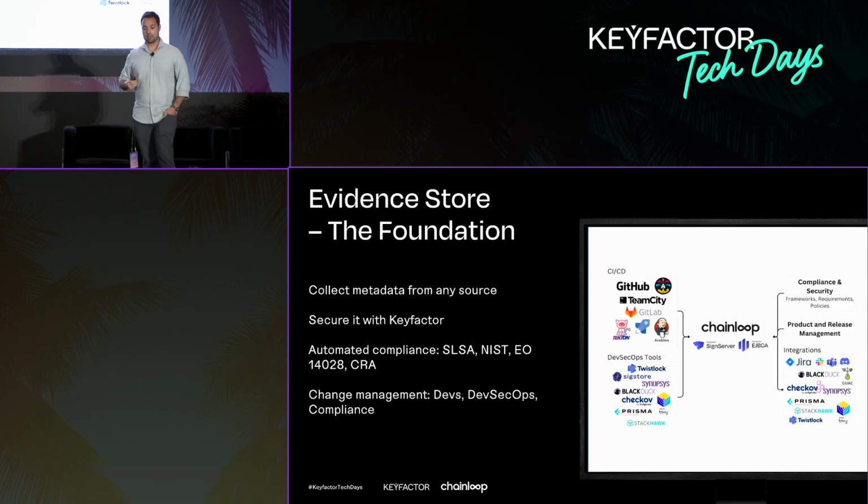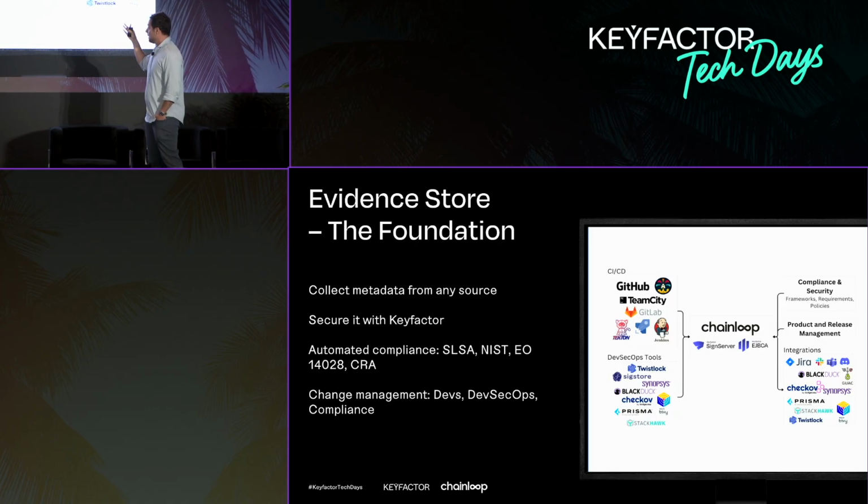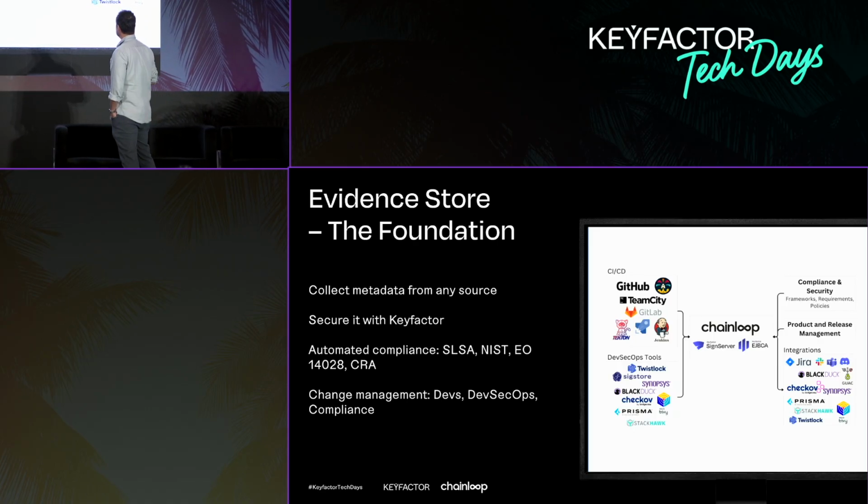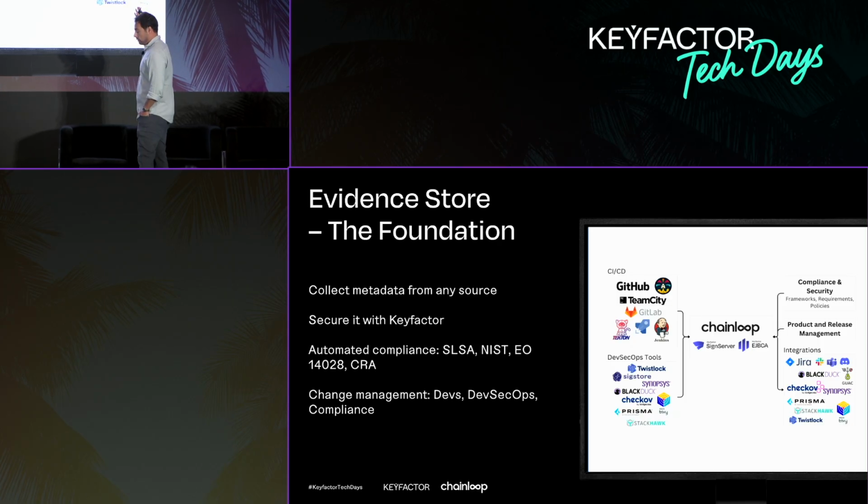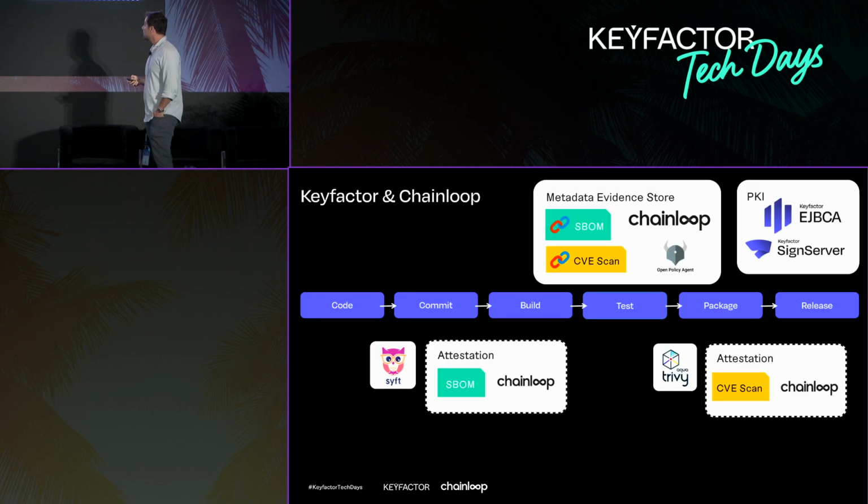So now you have security, you have compliance teams, and you need to give them a way to separate the boundaries and to make sure that each one has clearly their boundaries. So security can define their policies, the same way compliance can, but developers should have a very easy way to comply with it.